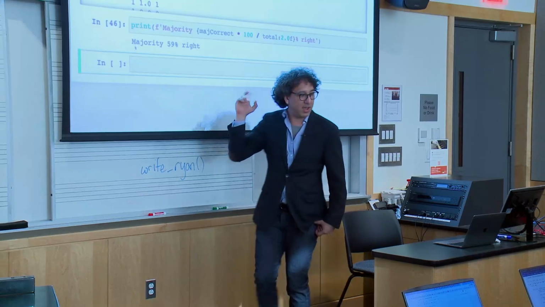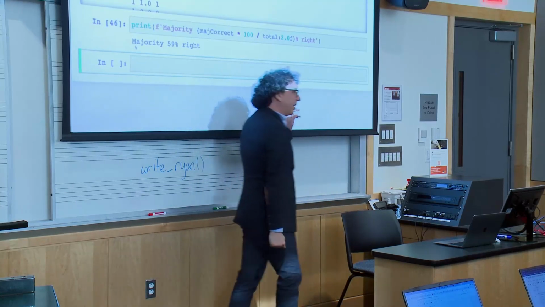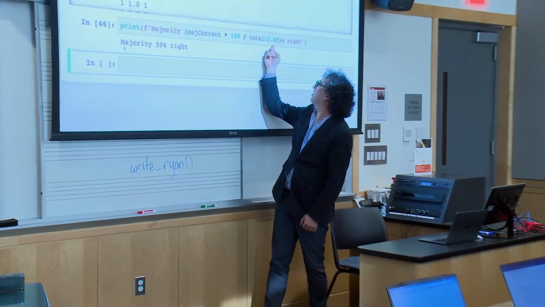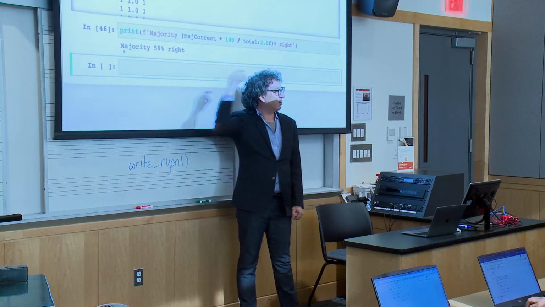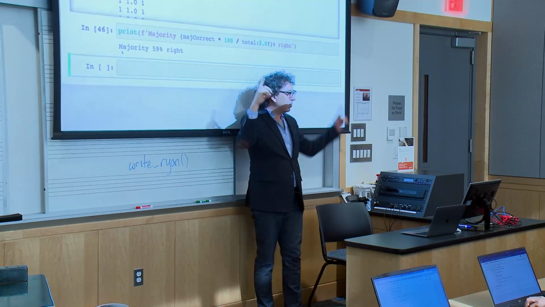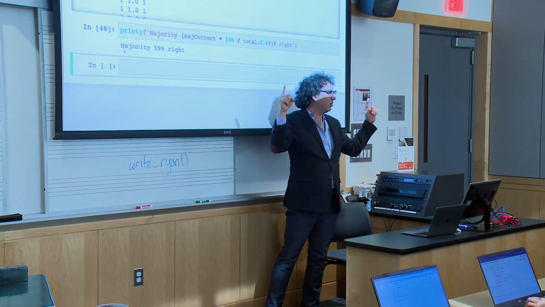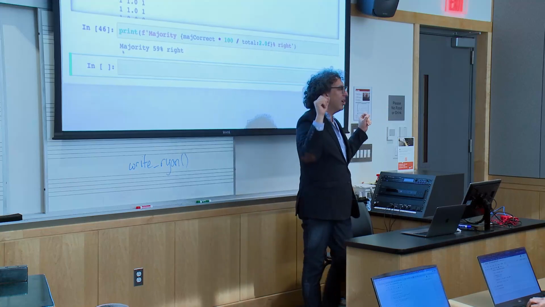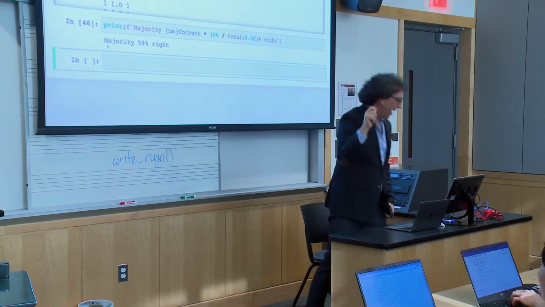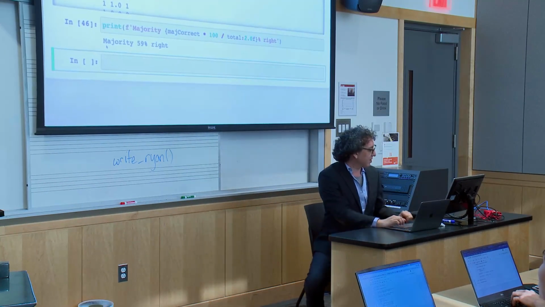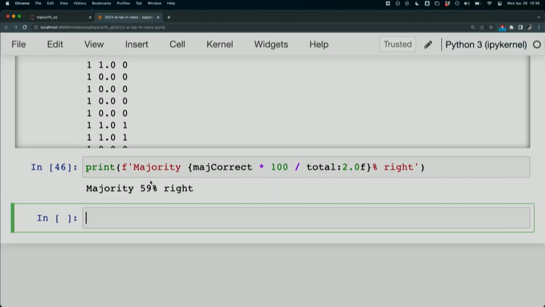Why am I anal enough to start already putting in some sort of a rounding thing? Because I do feel like when you see all those digits, it's really, really hard to figure out how important the difference is. So the majority, this is what I happen to know, that 59% of them are jigs, and so the majority learner got 59% of them right.